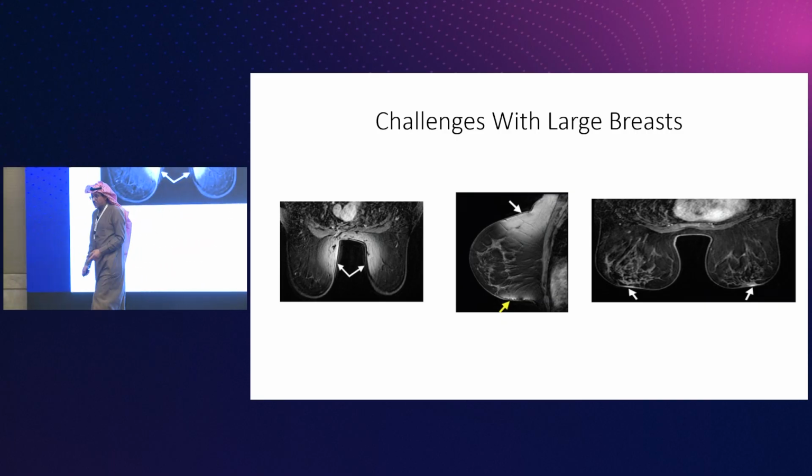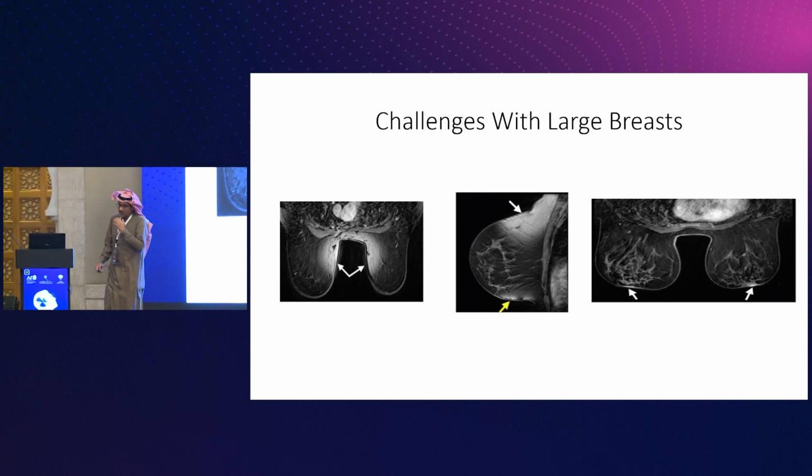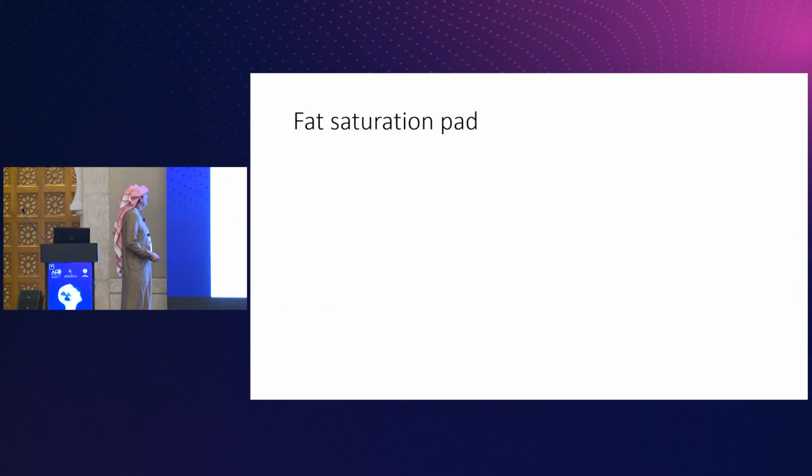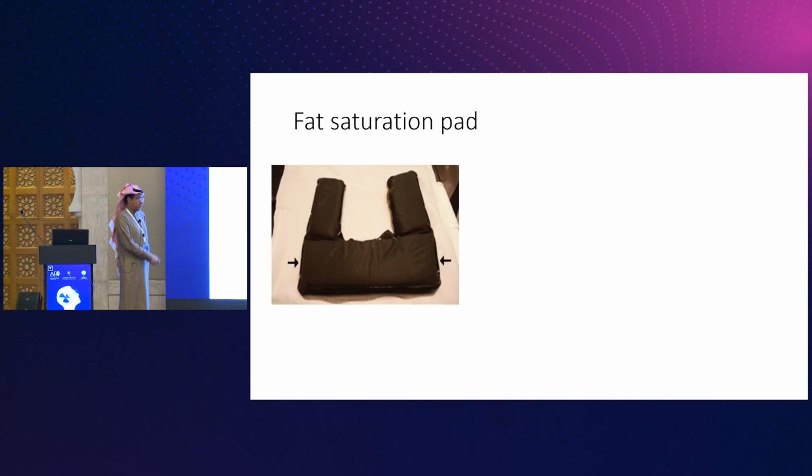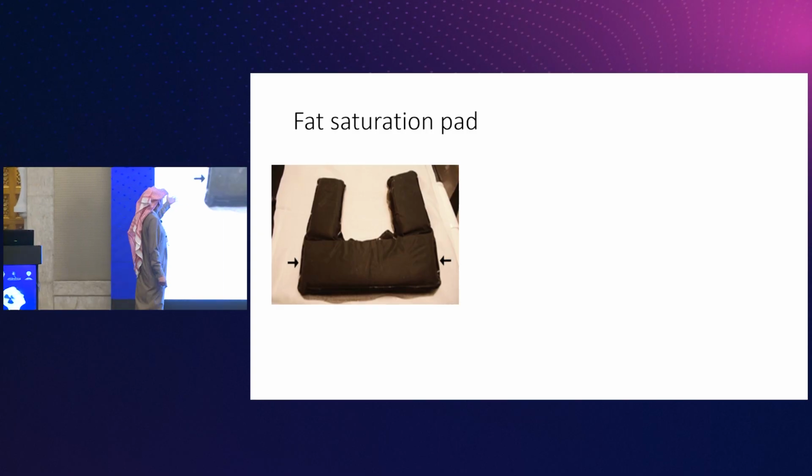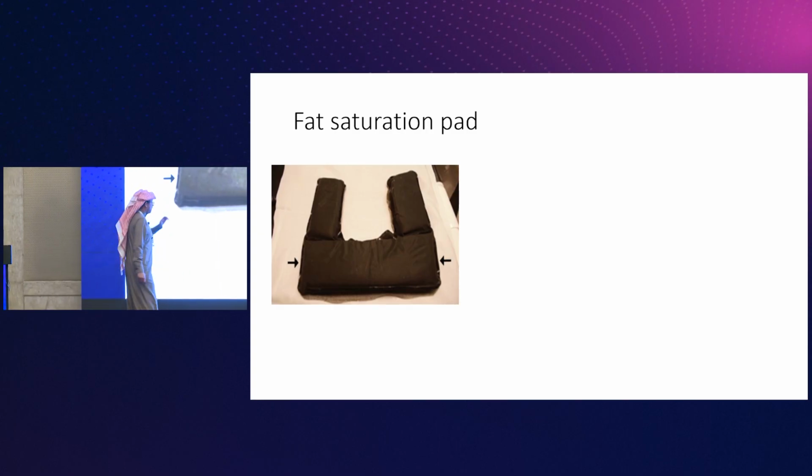And one of the solutions for it is this fat, they call it fat saturation pad. As we were discussing a while ago, there is a pad for the dielectric effect. There is a pad for fat saturation.